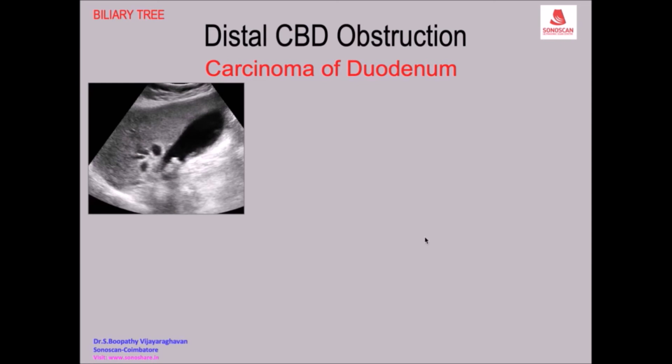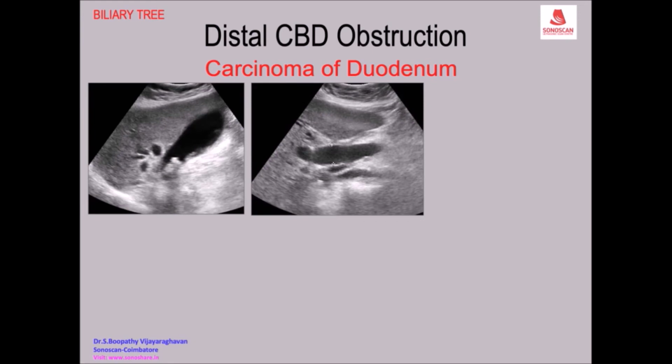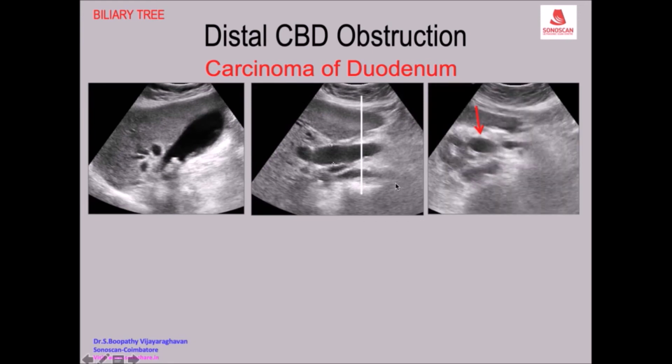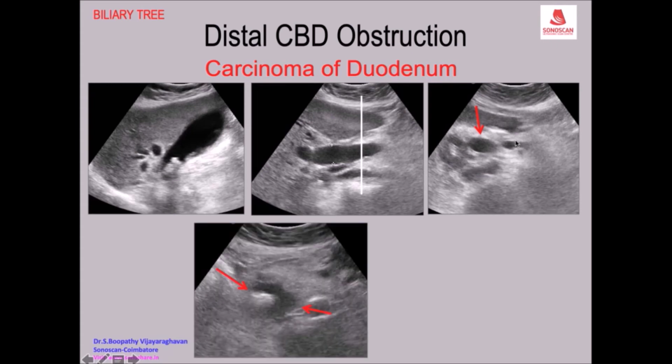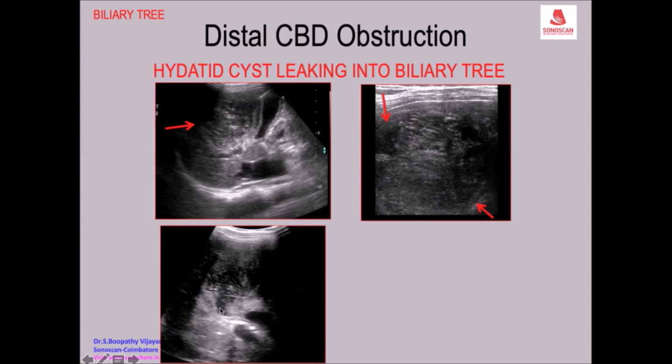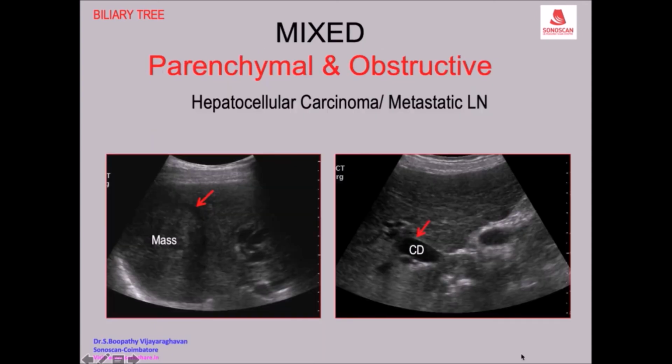The last rare cause is carcinoma of the duodenum, with dilated gallbladder with calculi and dilated common duct. The transverse scan shows a dilated common duct in the pancreas, and you see the communication actually. So the hydatid cyst has leaked into the biliary tree, with daughter cysts and hydatid sand.